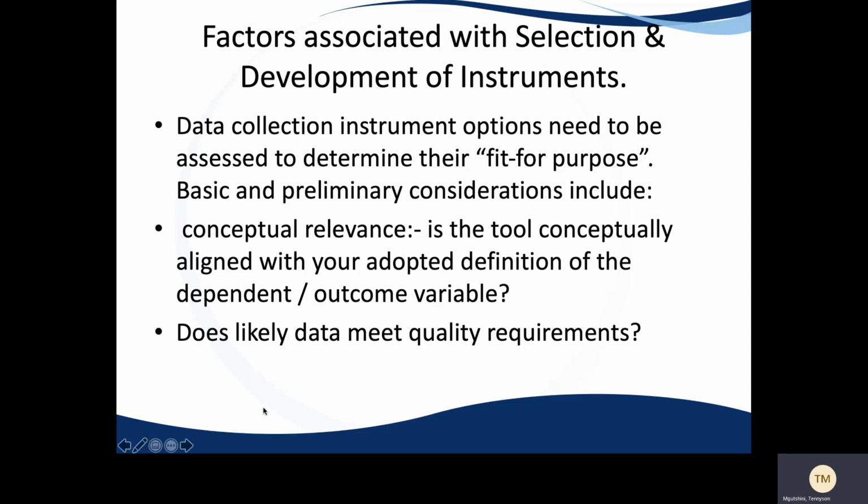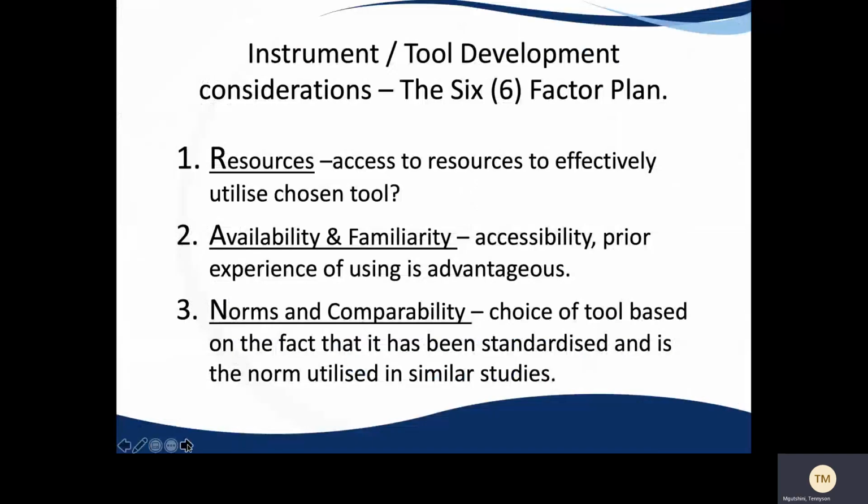And this then leads us to this 6-factor plan that talks to the range of considerations that researchers should ideally have when they're considering whether the instrument that they have in front of them is the right instrument for the data they need, or if indeed they are thinking of developing their own instrument, then these 6 considerations are critical nonetheless.